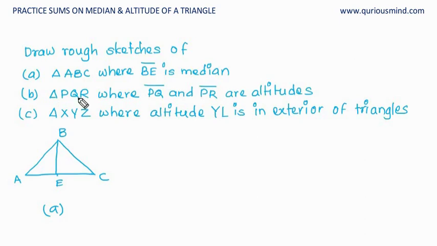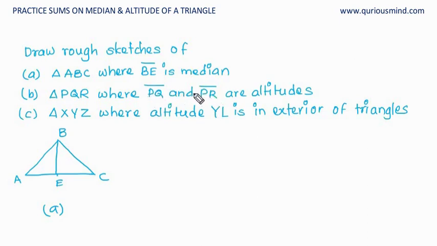In B, triangle PQR, where PQ and PR are altitudes. Now if you see, PQ and PR are actually sides of the triangle, and when the sides of the triangle are altitudes, it is definitely a right angle triangle. And which is the right angle? The right angle is at the common vertex between these two sides.